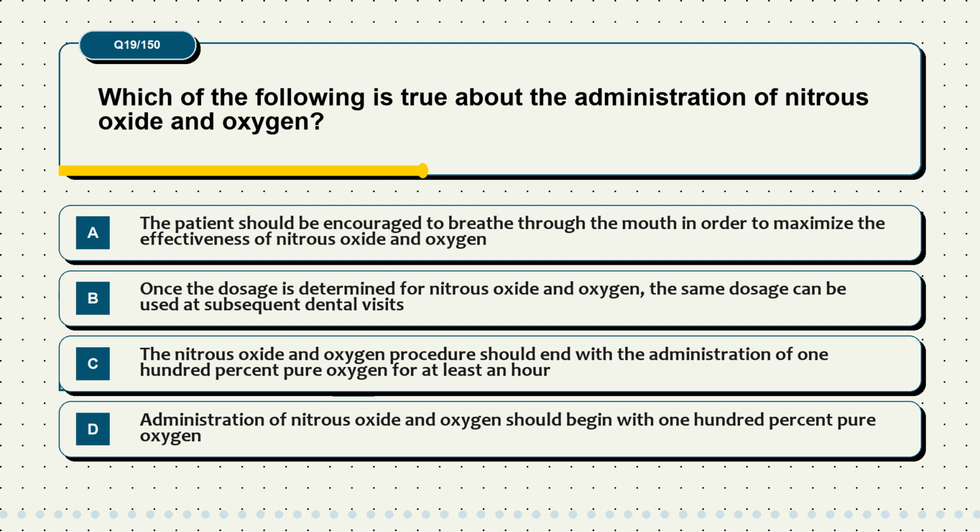Option B, once the dosage is determined for nitrous oxide and oxygen, the same dosage can be used at subsequent dental visits. Option C, the nitrous oxide and oxygen procedure should end with the administration of 100% pure oxygen for at least an hour. Option D, administration of nitrous oxide and oxygen should begin with 100% pure oxygen.